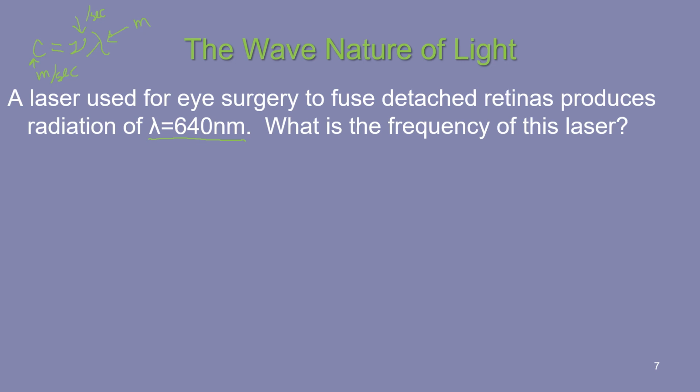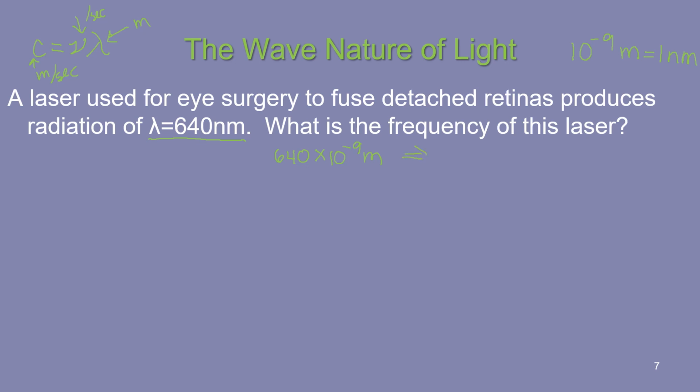So the first thing we're going to have to do is convert 640 nanometers to meters. There are 10 to the minus 9th meters in 1 nanometer. So 640 nanometers is 640 times 10 to the minus 9th meters. Now, technically, this is not correct scientific notation.